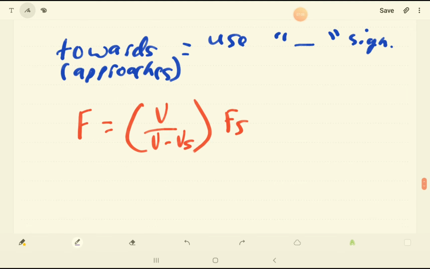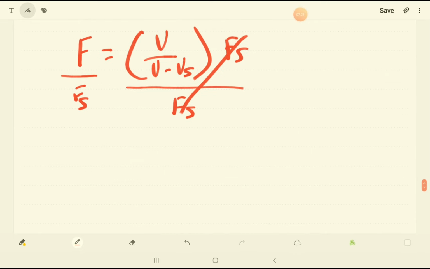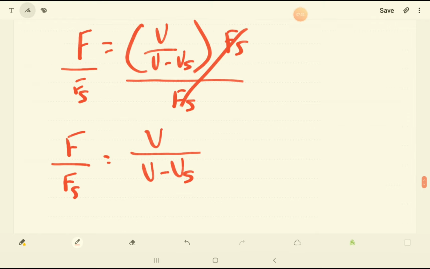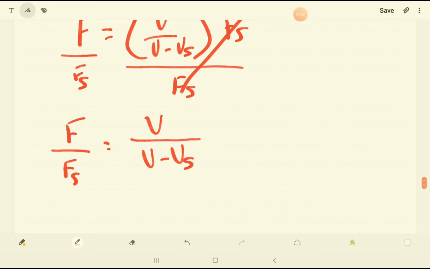So the first thing that I'm going to do, and we'll do this all in red, is divide both sides by Fs so that I can get rid of it on this side. And when I do that, I'm left with F over Fs equals V minus Vs. Okay? The next step, because in math you're allowed to do this, is to group this term together by putting brackets around it.